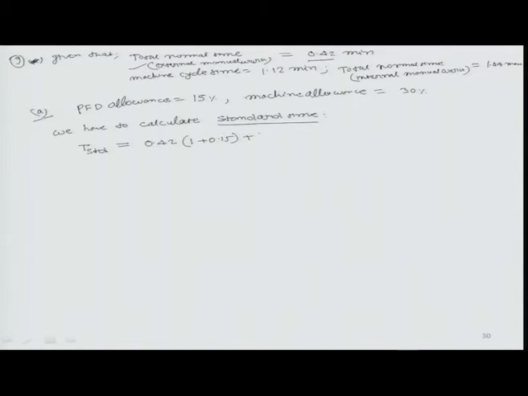Then we will take the maximum of the total normal time of the internal manual work, 1.04 multiplied with the PFD allowance, 1 plus 0.15, and the other thing, machine cycle time, 1.12 minutes multiplied with 1 plus the machining allowance, means 0.3.